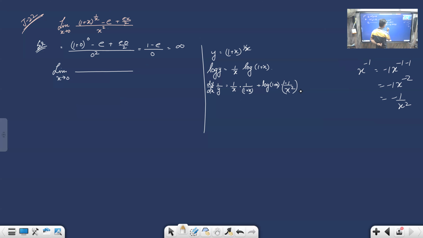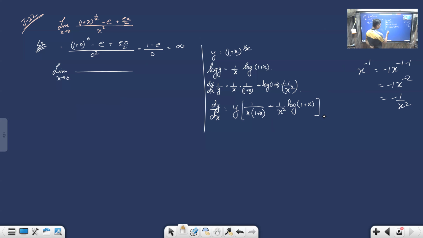So what am I getting then? dy by dx is equal to y, so y is multiplied by 1 upon x(1 plus x), minus 1 by x squared log(1 plus x). Let's check it.